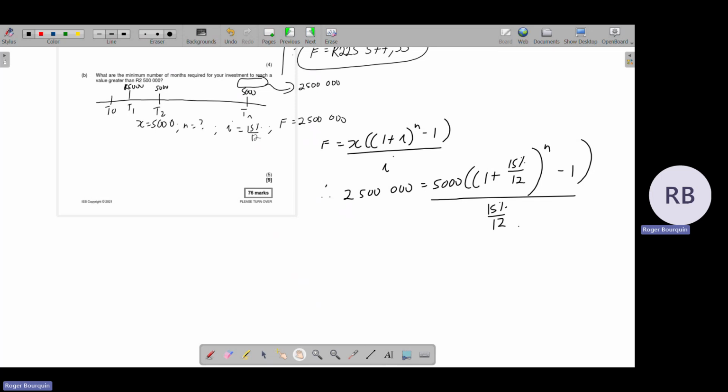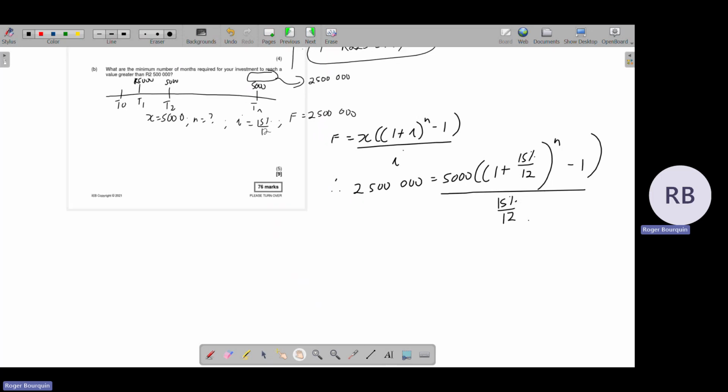Okay, so what are we going to do on our calculator? We're going to go 2.5 million times 15% over 12. So I've got rid of that. Divide by 5,000. So I get 25 over 4, or 6.25, is equal to 1 plus 15% over 12 to the n, minus 1.